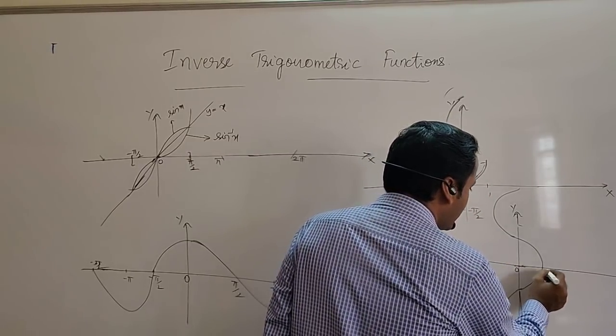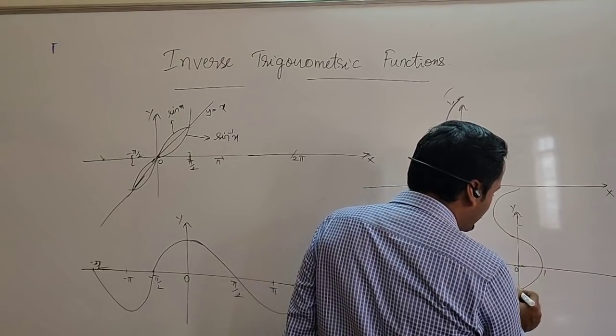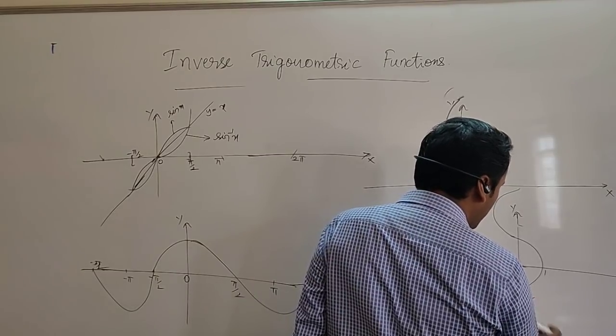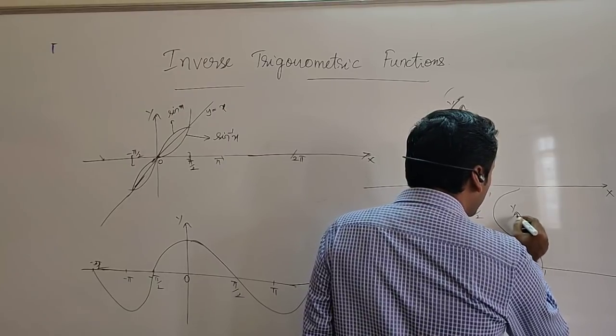This is 0, 1 and minus 1. Okay. So then this is minus pi by 2, minus pi. Here this is pi by 2, pi.